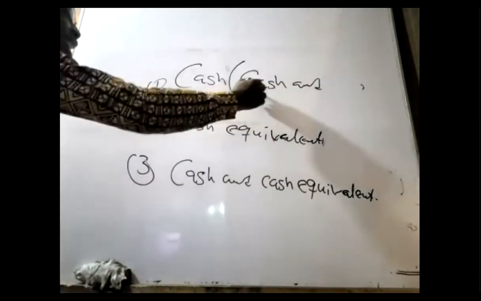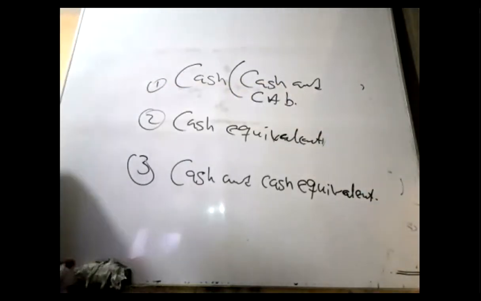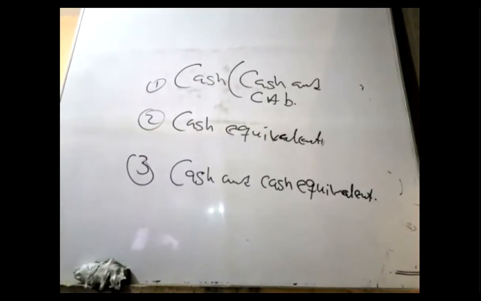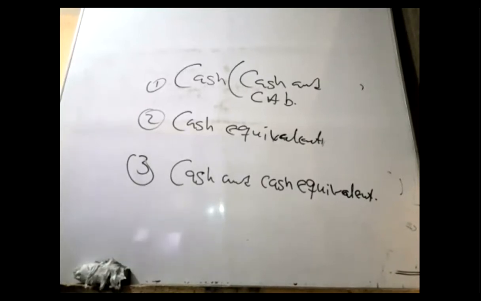The funds that you have with your cash still, plus your current account balance. That's the demand deposit. Cash on hand and demand deposit. That is all.